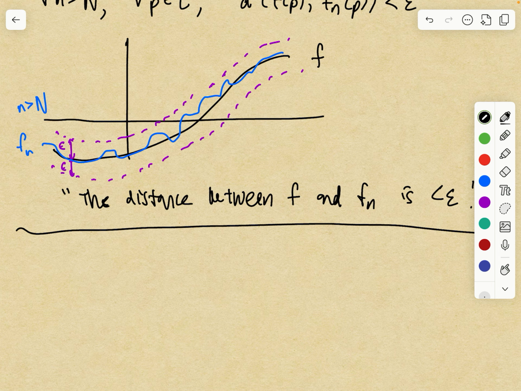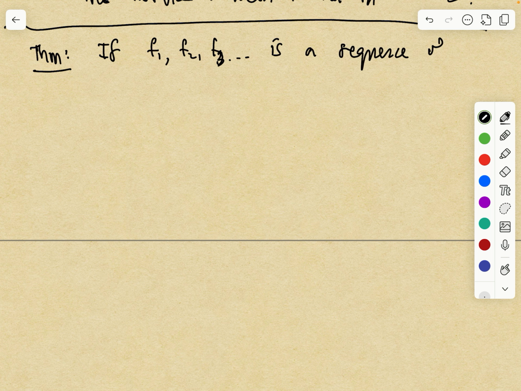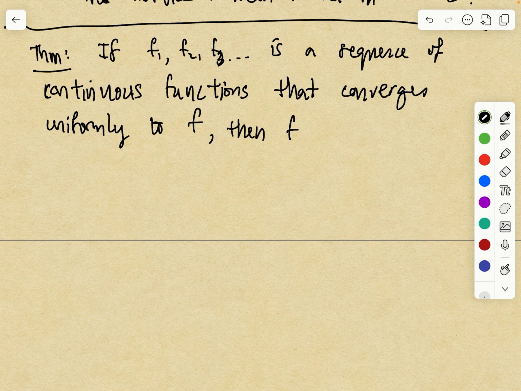And then the theorem that we're going to prove says that if f1, f2, f3, dot, dot, dot is a sequence of continuous functions that converges uniformly to the limit function f, then f must be continuous.